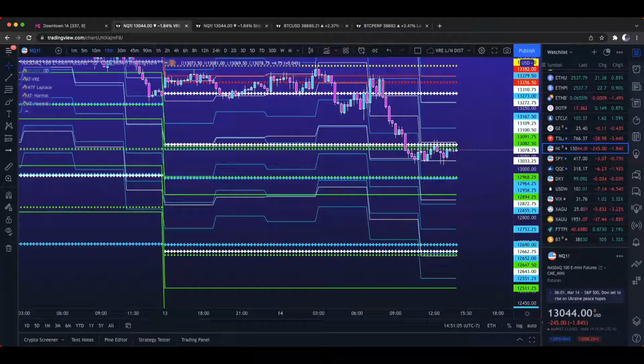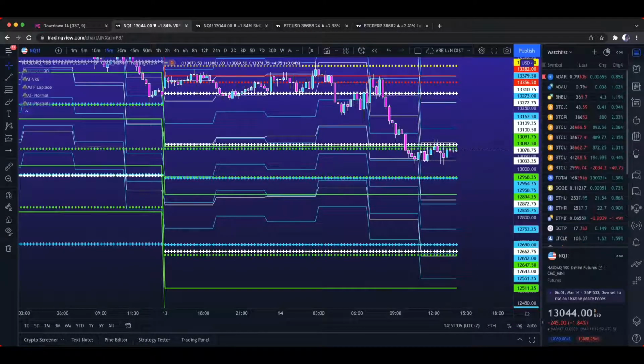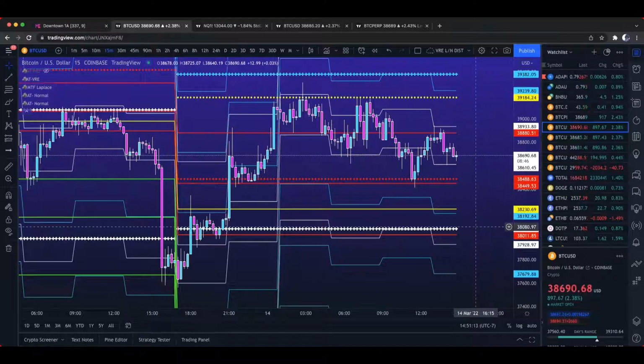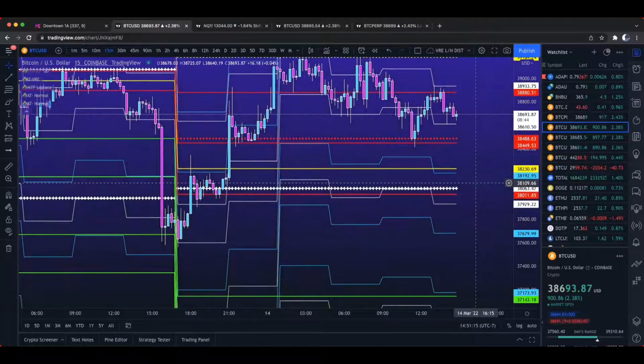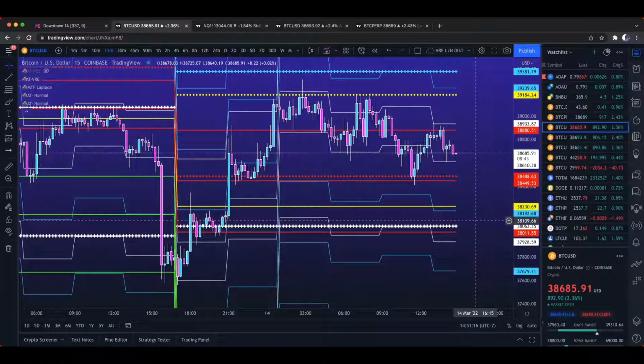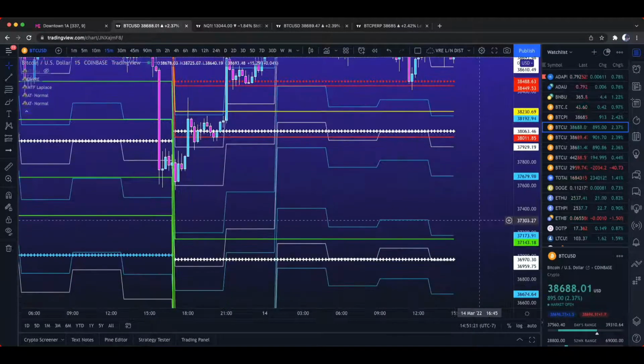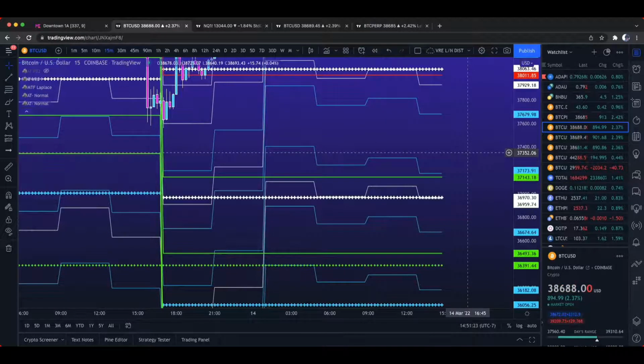So let me see something real quick too. Now let's match them all up, and I'm going to use the index, not the futures. What is the first weekly or monthly? It's 36.4.